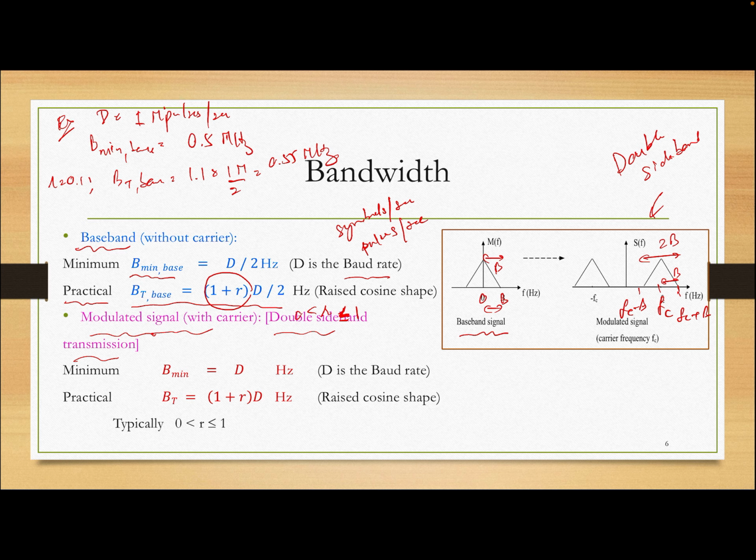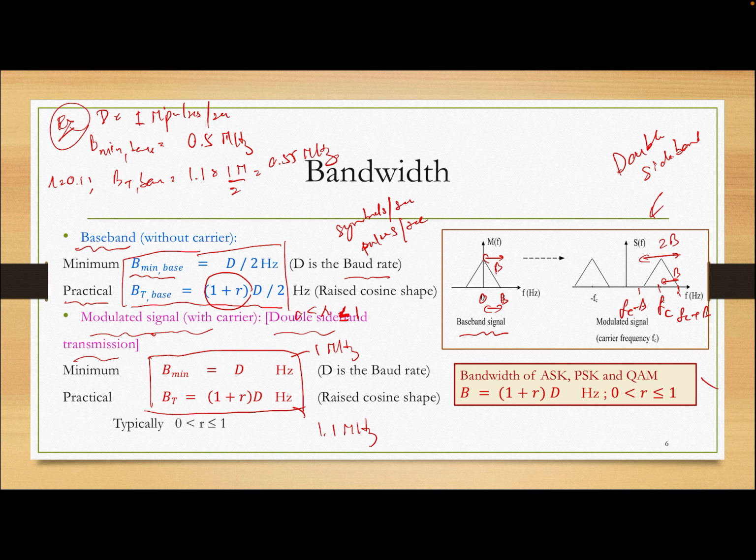So if you modulate the signal using double sideband transmission with a carrier, then whatever you have for the baseband, you have to double it for the modulated signal. So B min would be D hertz, or 1 megahertz, and the practical one will be 1.1 megahertz for our example here.